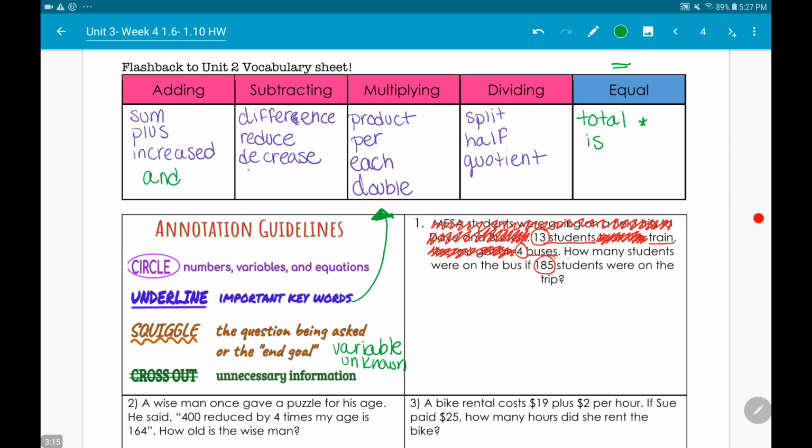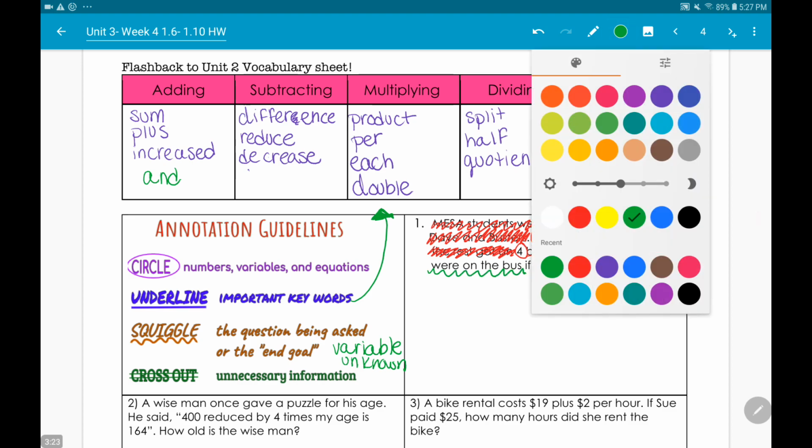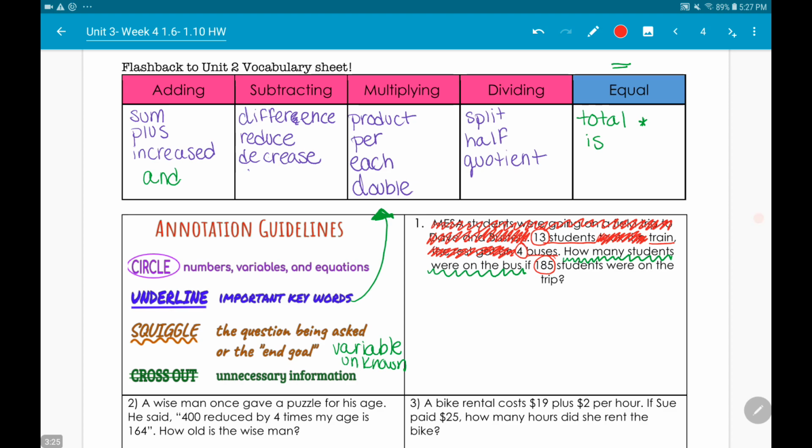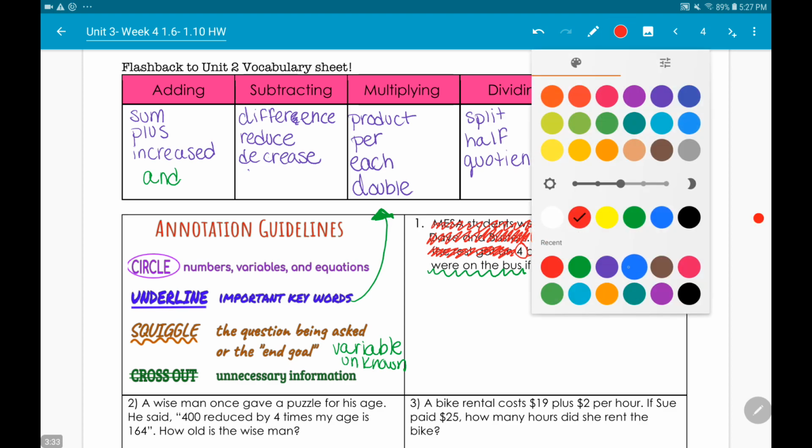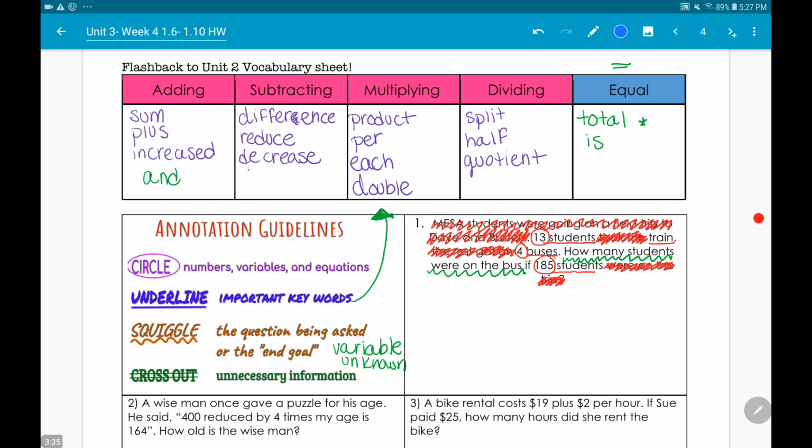All right, the question, how many students were on the bus? And it says if 185 students were on the trip. So now what we're going to go back and do is label what some of these things mean. Okay, and annotate.